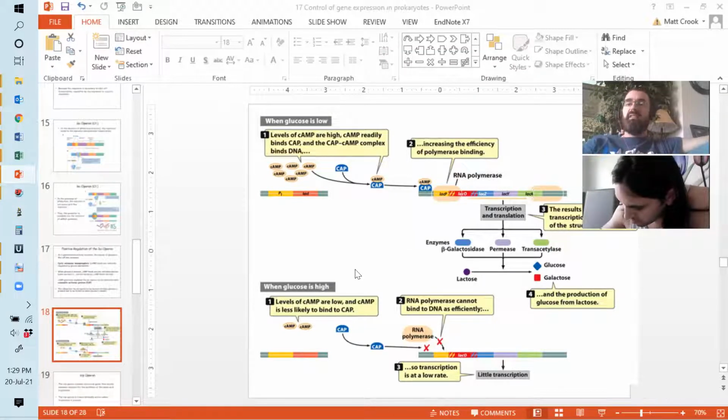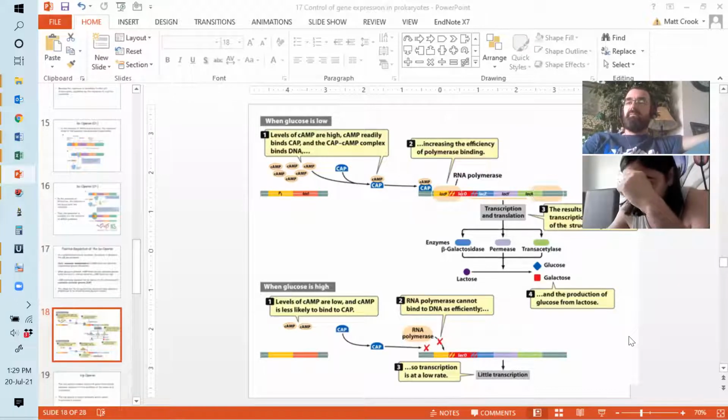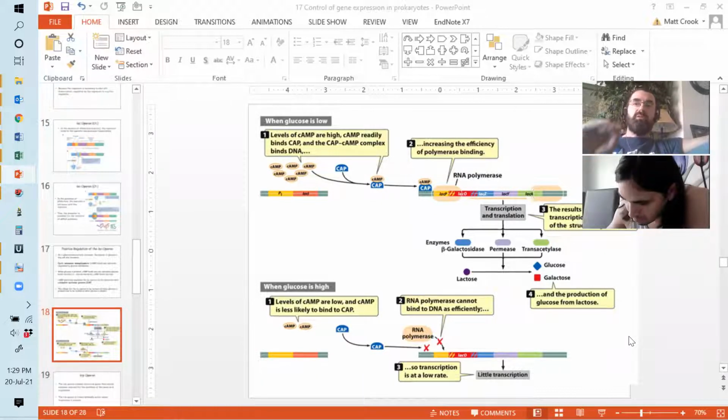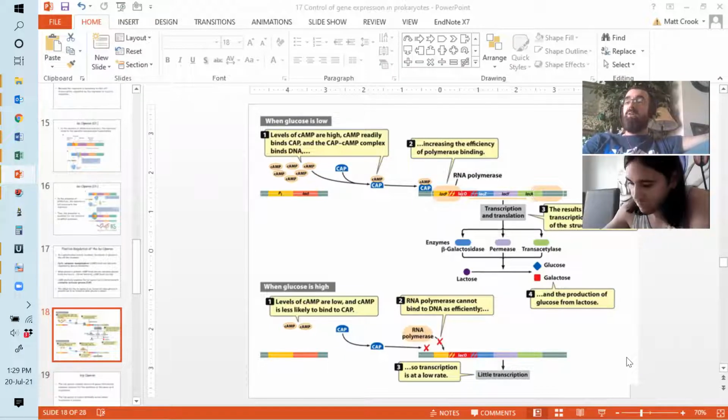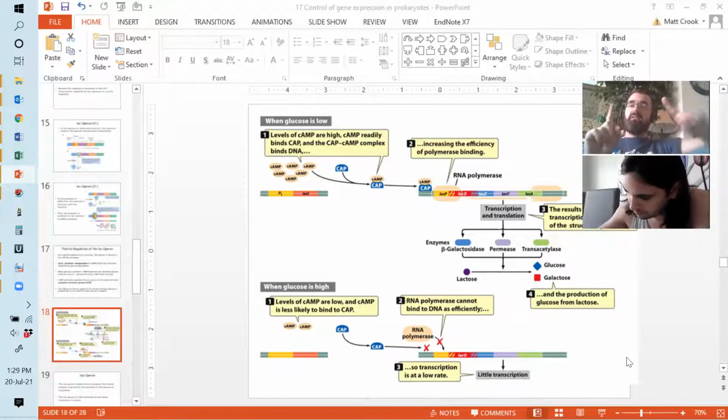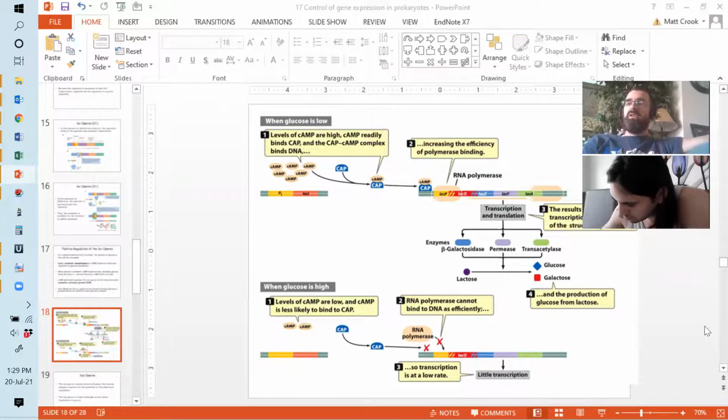So in the absence of anything else, RNA polymerase will transcribe the lac-operon, just not very effectively. So you'll get transcription, but at a low rate. To get full transcription, you want lactose to be present and glucose to be absent, right? You need those two things together. Otherwise, you're still wasting your energy as a bacterium.